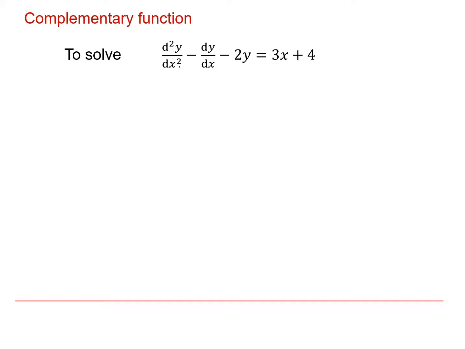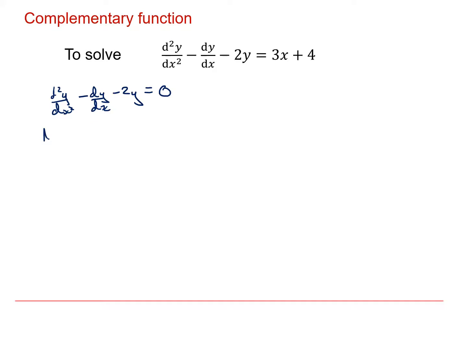So if we want to solve this differential equation, we start out by forming the homogeneous version of it, so we just put it equal to 0. So this thing minus 2y is equal to naught.